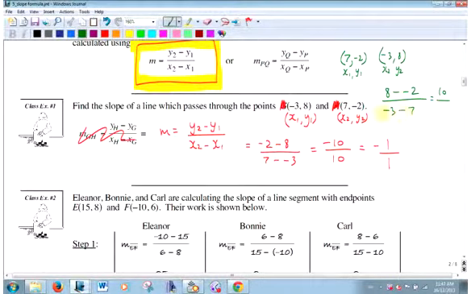Minus 3 minus 7 is minus 10. Do I get the same thing? Yes. So it doesn't matter which 2 points you use first or second.